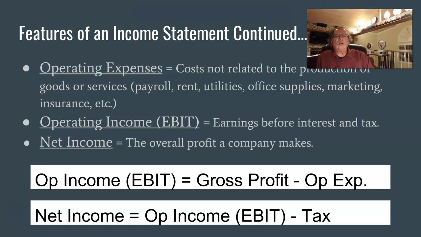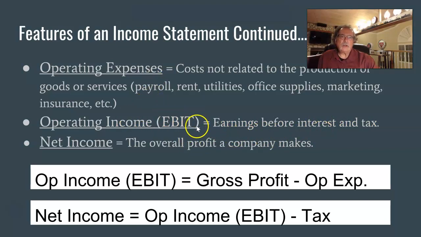These are costs not related to the direct production of goods and services. So payroll, rent, utilities, I was talking about those earlier. And then you have operating income, or EBIT. And that's earnings before interest and taxes. So you pull out your operating expenses.